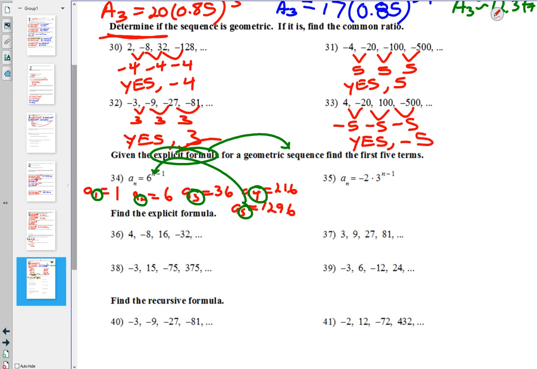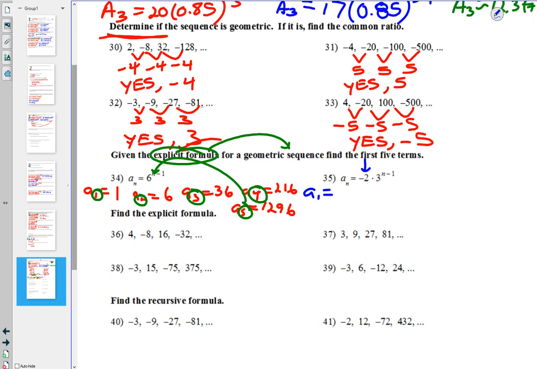So first 5 terms. Let's find the first one explicitly. If I plug in a 1, what's 1 minus 1? 0. What's anything to the 0 power? No, it's 1. What's negative 2 times 1? Or you could have said, hey, Mr. Romero, why'd you take me through all that? Didn't the initial amount tell us in front anyways?